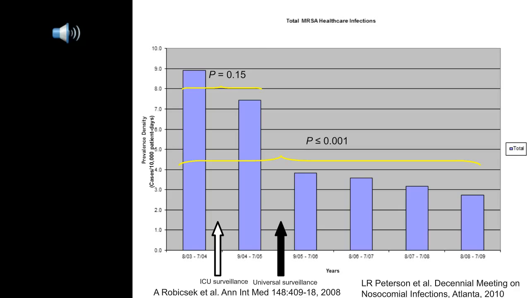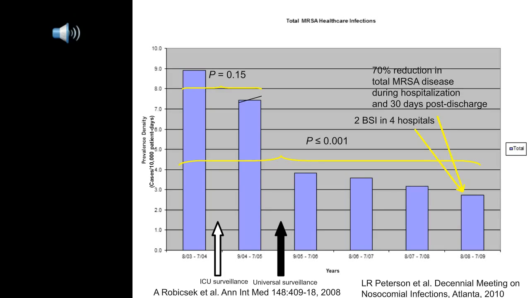We only saw statistically significant reduction in disease once we started doing all nursing units, and very quickly we saw more than a 65% reduction in infection, which is typical for a successful infection control intervention. One thing to keep in mind is that if you found something that works with infection control, usually you'll see a benefit very quickly.